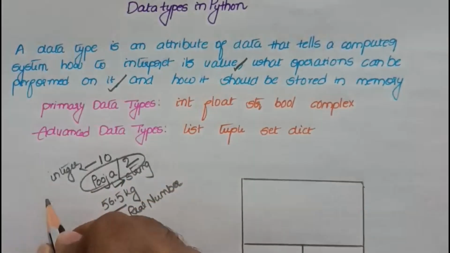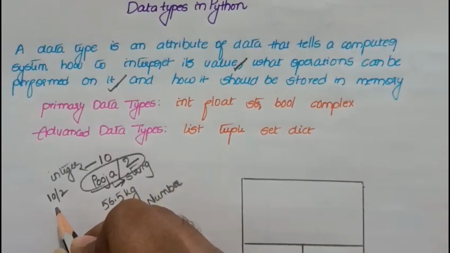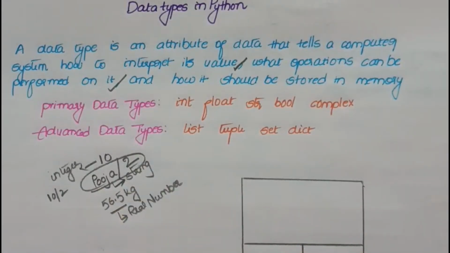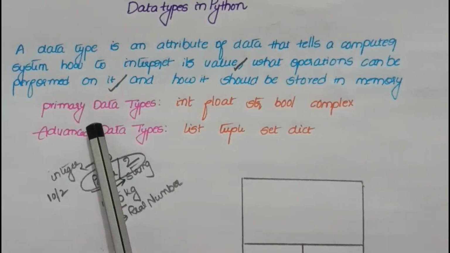For example, if you divide 10 with 2, it's obvious we perform 10 by 2, as in maths. So certain operations can be performed only on certain data types. In that way, data types help us understand what operations can be performed on the data.